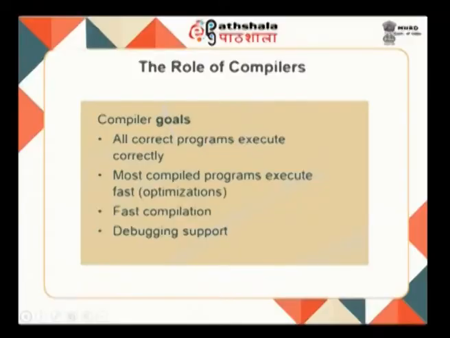So, when you look at the goals of the compiler, you will have to obviously know that all correct programs should execute correctly. Most compiled programs should execute at a very fast rate. So, you should be allowed to do optimizations, you should have fast compilation, and you should also have debugging support.